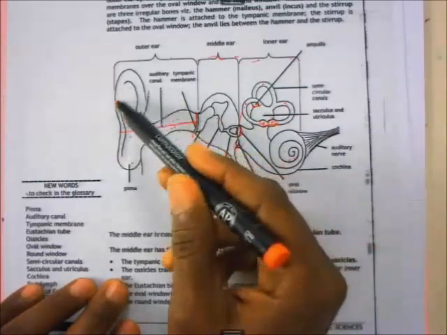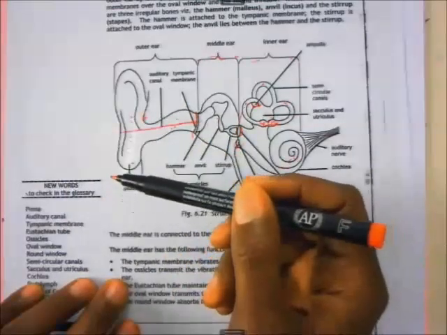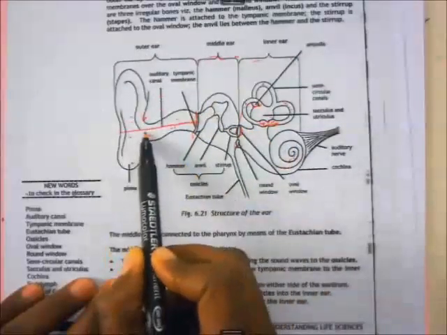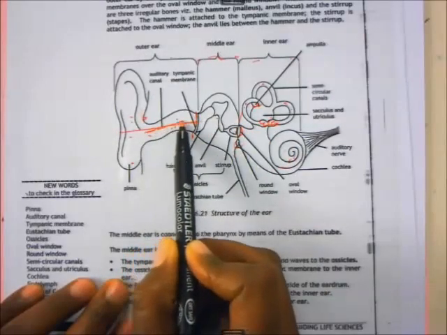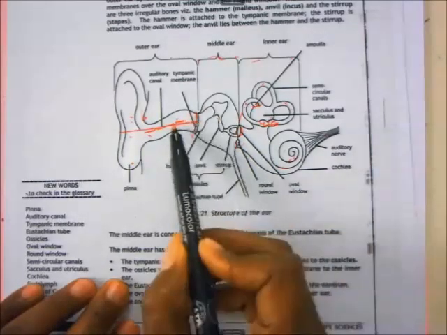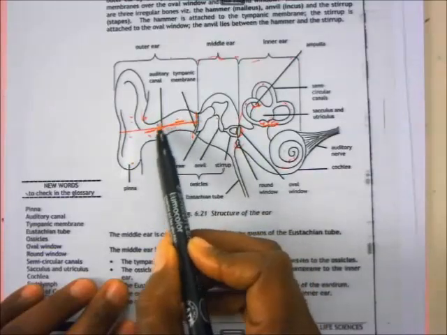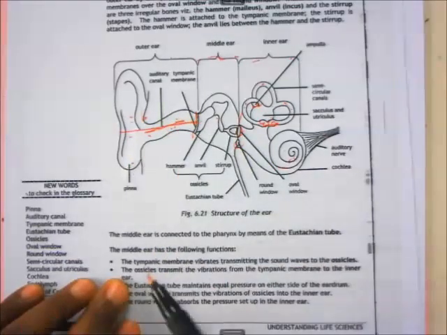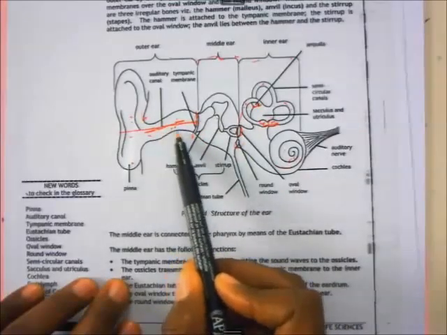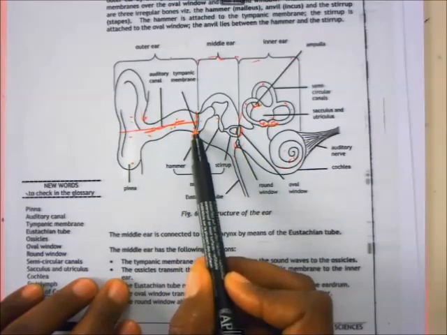The function of the pinna is to collect the sound waves from the environment and then direct them into the auditory canal. The function of the auditory canal is to take the sound waves to the tympanic membrane.